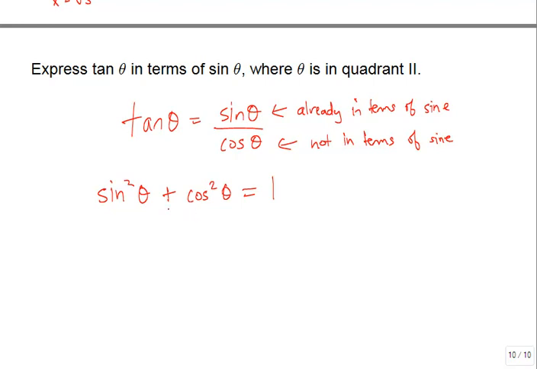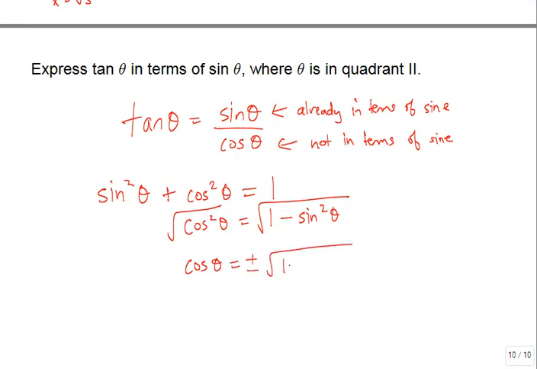Now what I want to do is figure out how to solve this for cosine. So I am going to subtract the sine squared over to the right side, and I'm trying to solve this for cosine, not cosine squared. So to finish it, I'm going to have to take a square root of both sides. Now normally when you take a square root, it's either a plus or a minus.